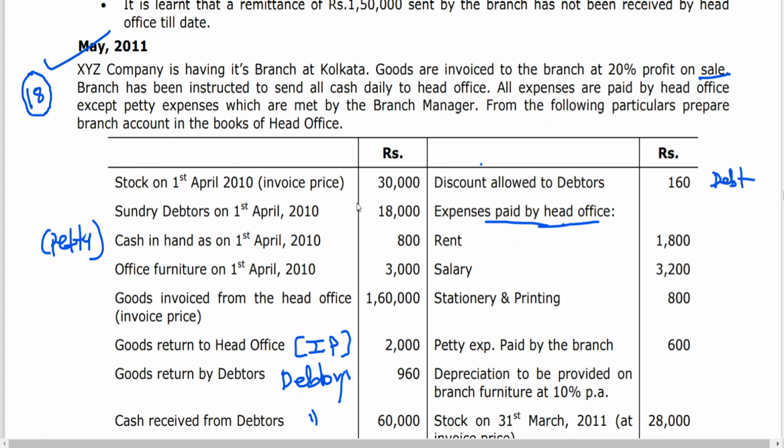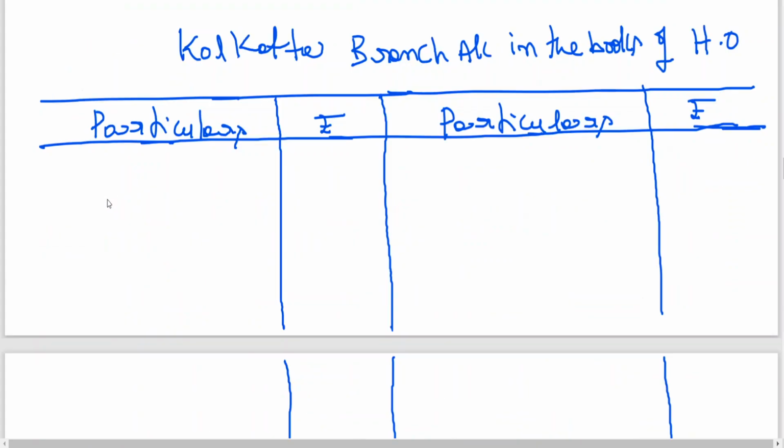Right. Let me start with opening balance first. To balance brought down.